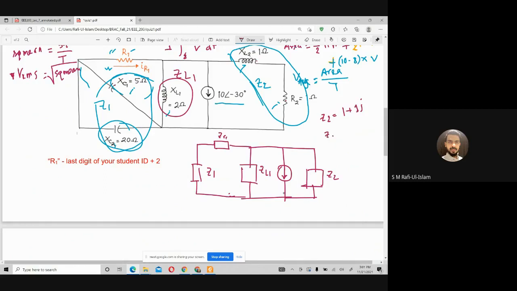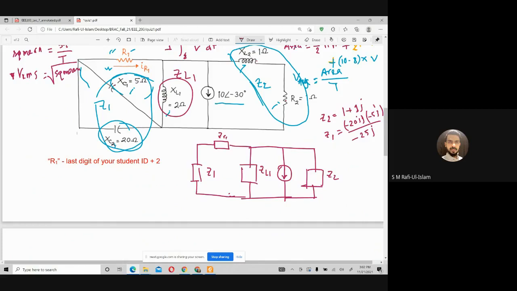Z1 equals the parallel of this, so negative 20J times negative 5J, because both are capacitors, divided by the summation, negative 25J. Whatever calculation we get, we'll get this value from these equations. Yeah, this would be the case.